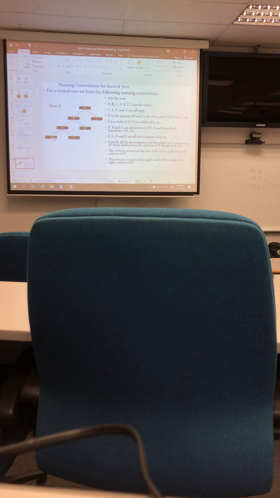The parent of a node and its parents in turn are all considered ancestors. So D, B, A in this case are all ancestors: parent, grandparent, great-grandparent, all together called ancestors.